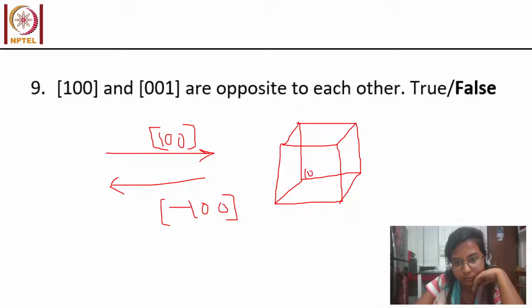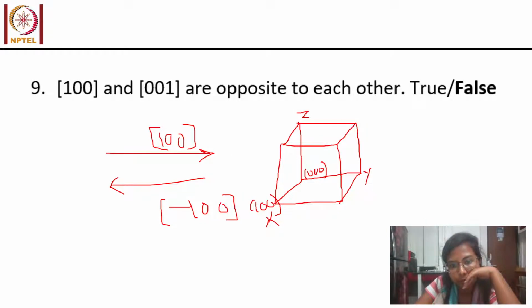So this point is my 000. Then this is my x-axis, this is my y-axis, this is my z-axis. So this point is my 100. This point is my 000. So this direction will be 100. So we have to subtract the base from the tip.